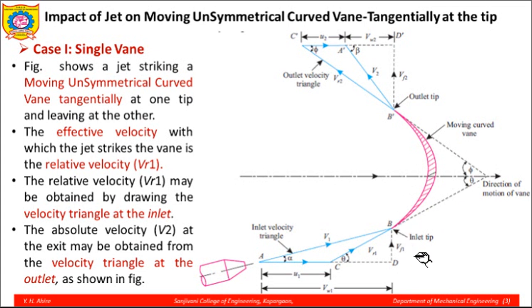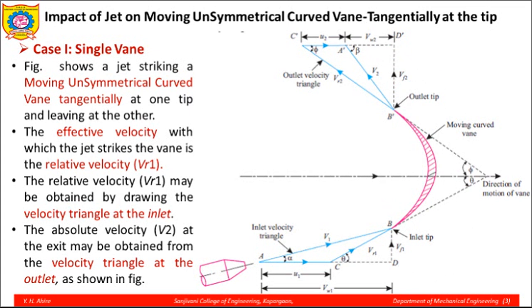So Vf1 is nothing but V1 sine alpha. Similarly, Vf2 is the velocity of flow at the outlet, a component of V2, and it is perpendicular to the direction of motion of the vane. So Vf2 is nothing but V2 sine beta.